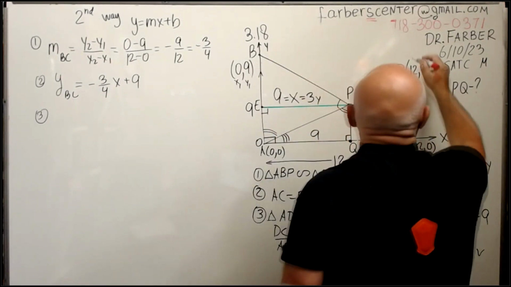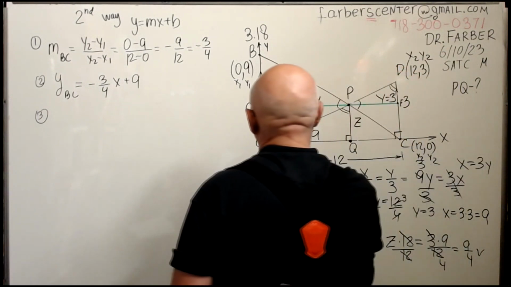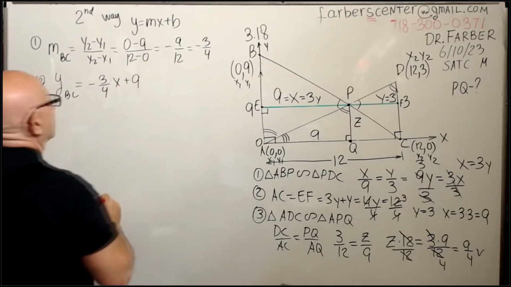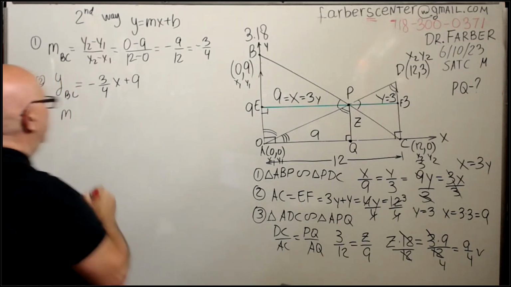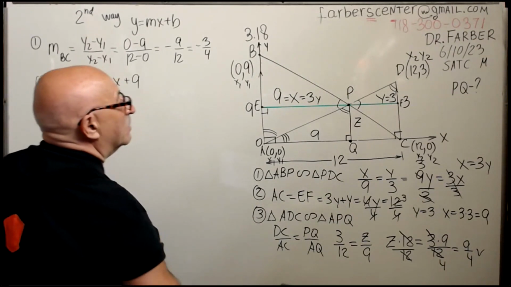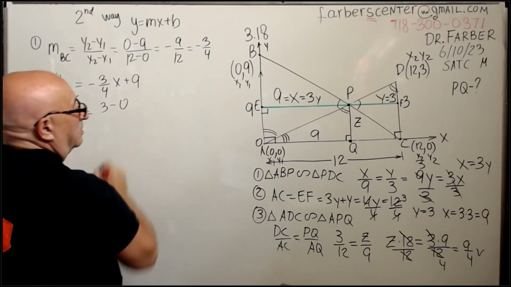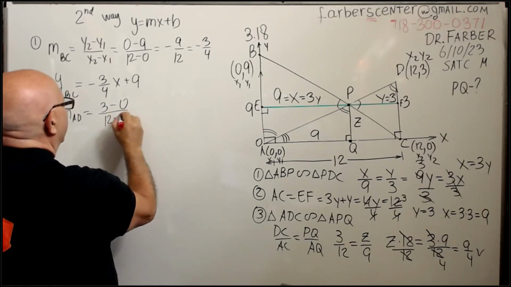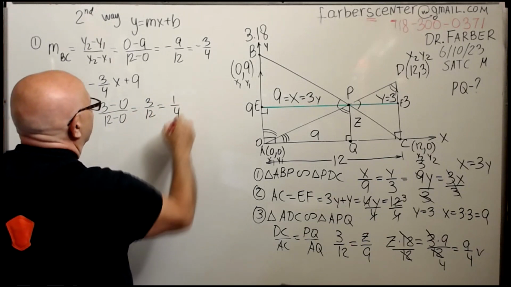Okay, this would be x2, y2, and this x1, y1. So the slope of line AD equals y2, which is 3, minus 0, divided by x2, which is 12, minus 0. 3 over 12, which is 1 over 4.